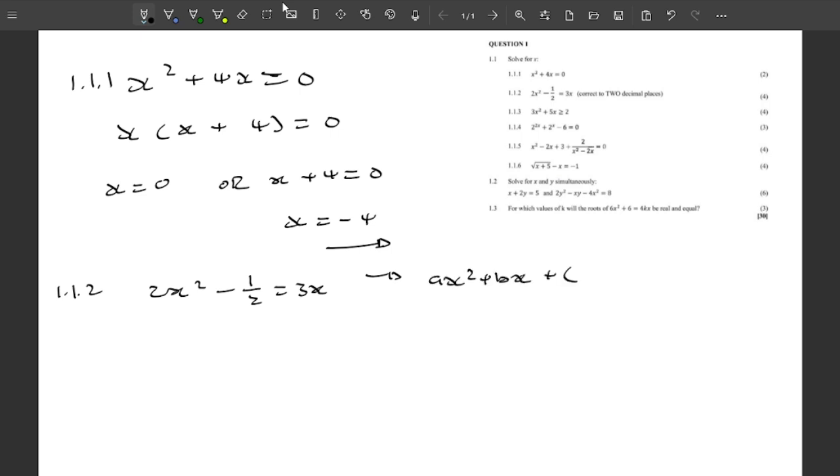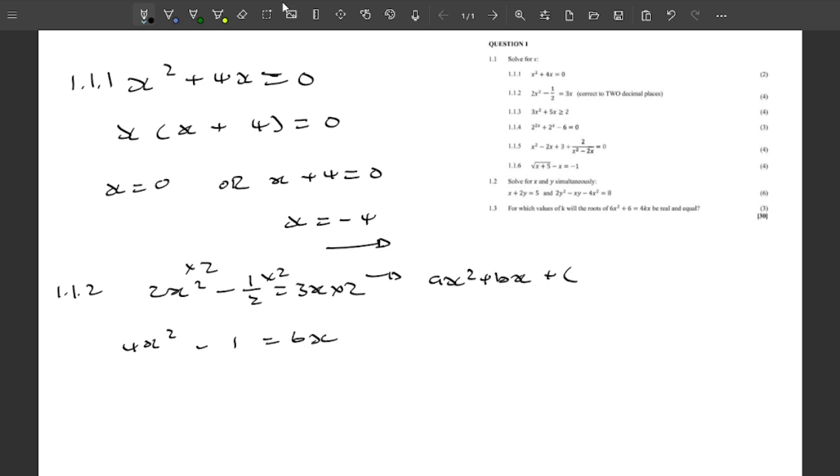Since we have 1 over 2 here, we have to remove the fraction, so we're going to multiply every value by 2. You're going to end up having 4x squared minus 1 is equal to 6x.